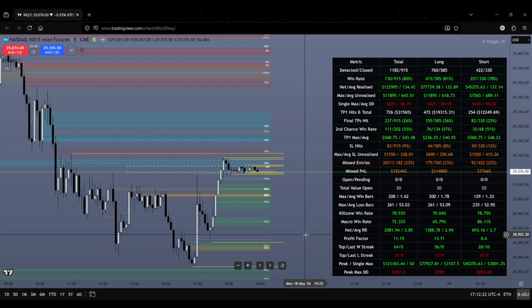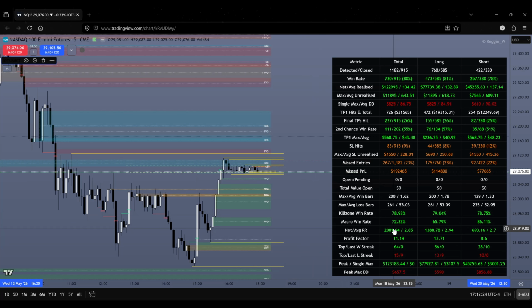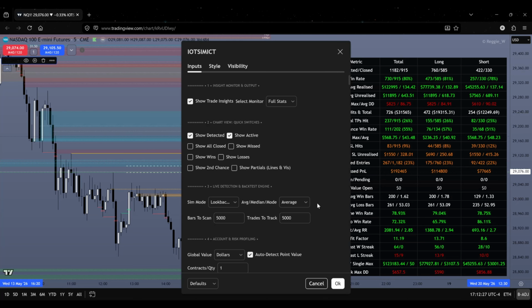Okay, so now for the input side, we've got a total of 45 settings groups.